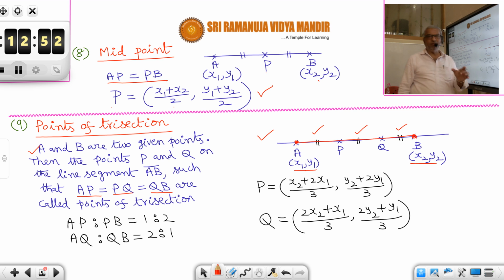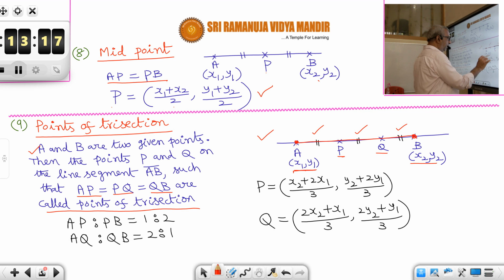That means P and Q divide the line segment AB into 3 equal parts, AP, PQ and QB. Then such points P and Q are called points of trisection of the line segment AB. Then P and Q, this point and this point, are called points of trisection of the line segment AB.